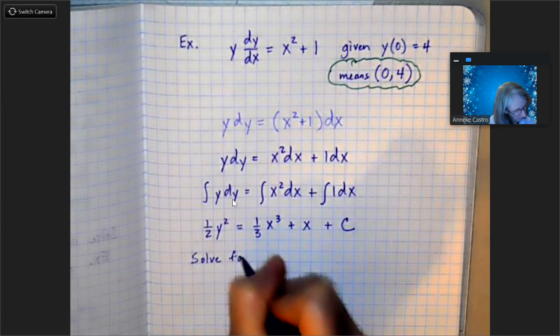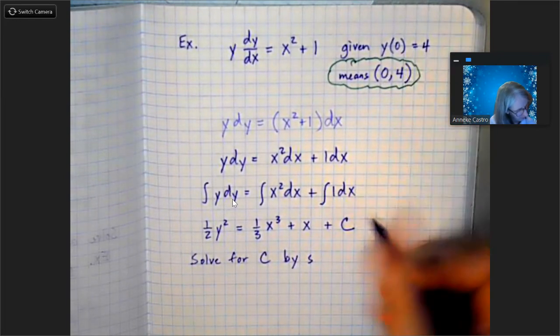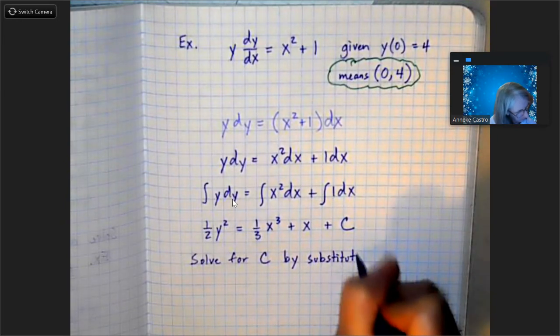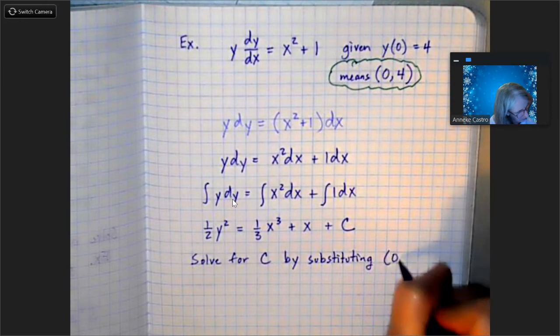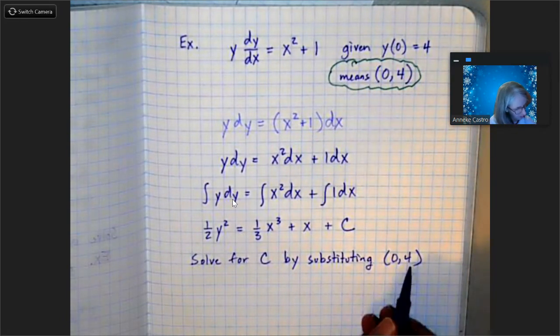Now we're going to solve for c by substituting the information we were given at the beginning, for my x and my y. All right, so my x is 0 and my y is 4.